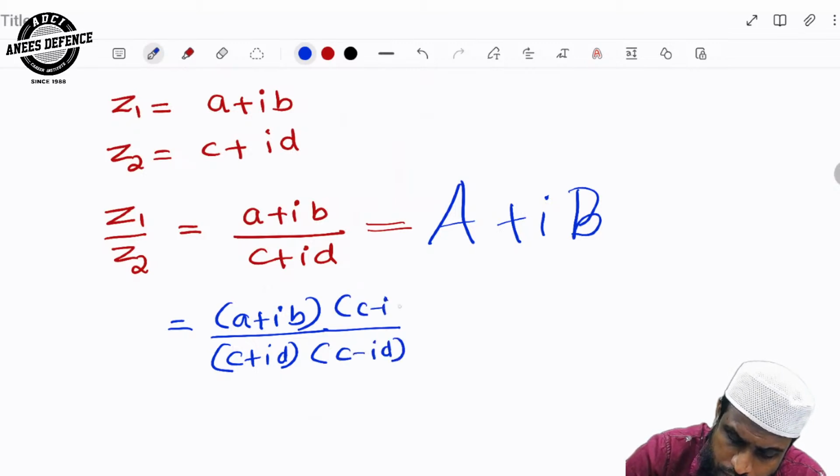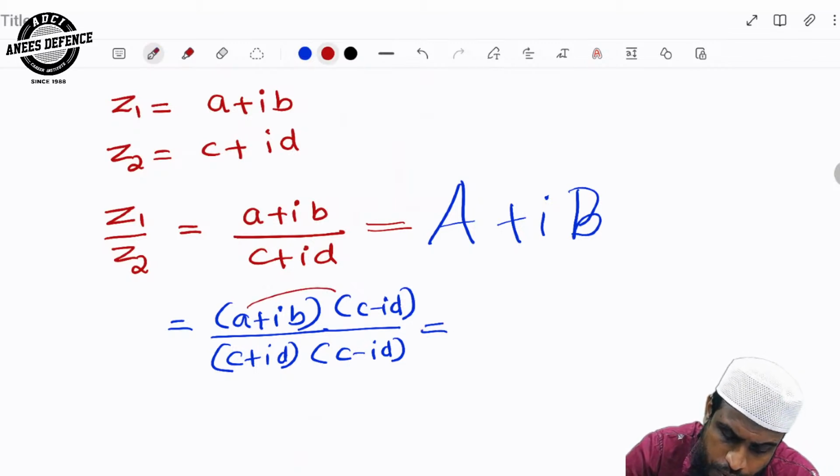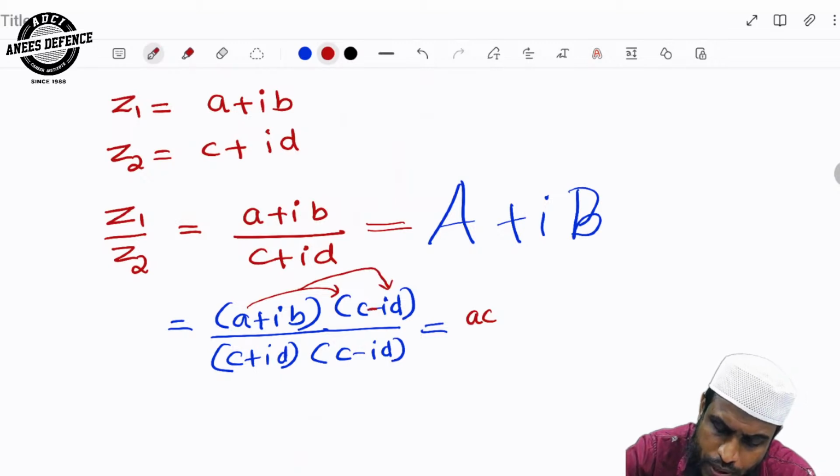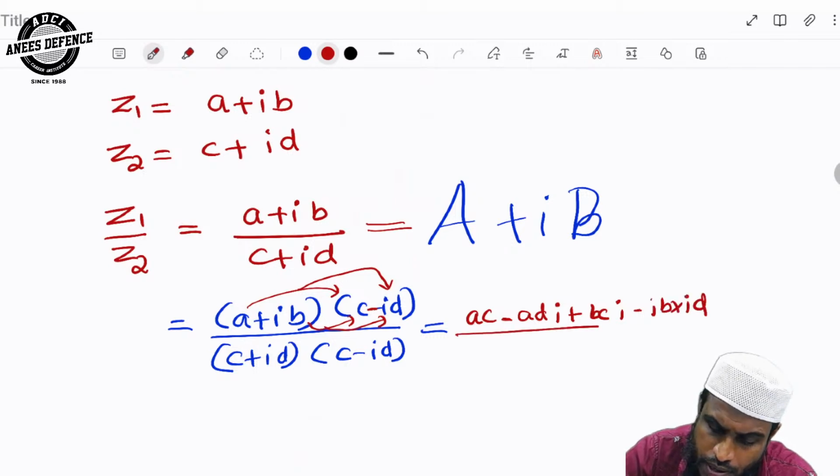So A into C, AC. A into minus iD, you should be careful, minus ADi. Then iB into C, BCi, then iB into minus iD, so minus i B i D.